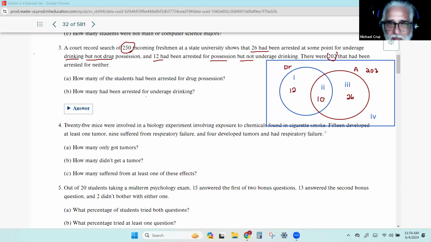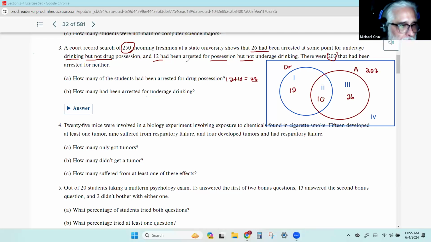Because that's everything inside of that blue circle, which represents the drug possession. So that's what we want, the underlined part.